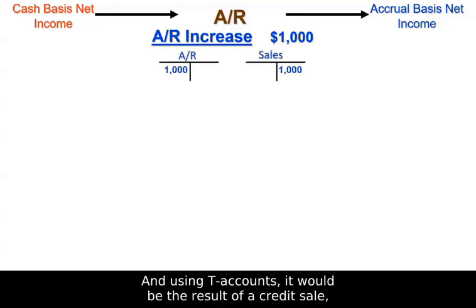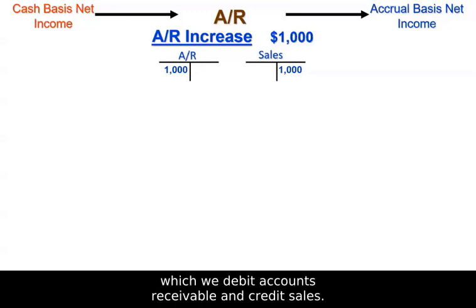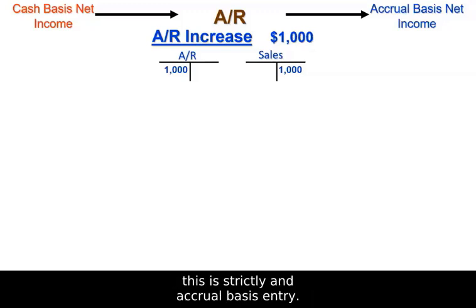And using T accounts, it would be the result of a credit sale, which we debit accounts receivable and credit sales. Therefore, the third question was, does this kind of entry affect cash basis or accrual basis? Well, since we don't see cash in this transaction, this is strictly an accrual basis entry. It only affects accrual basis revenue.